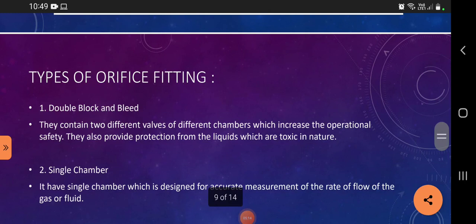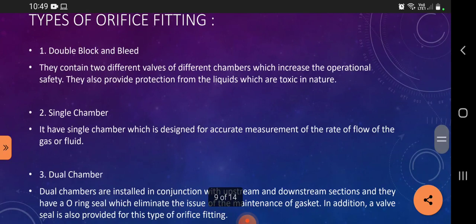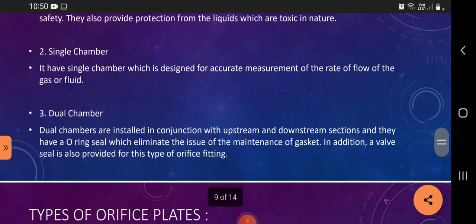Types of orifice fitting: double block and bleed. They contain two different valves for different chambers, which increases operational safety. These also provide protection from liquids which are toxic in nature. Single chamber: it has a single chamber which is designed to ease the measurement of the rate of flow of gas or fluid.